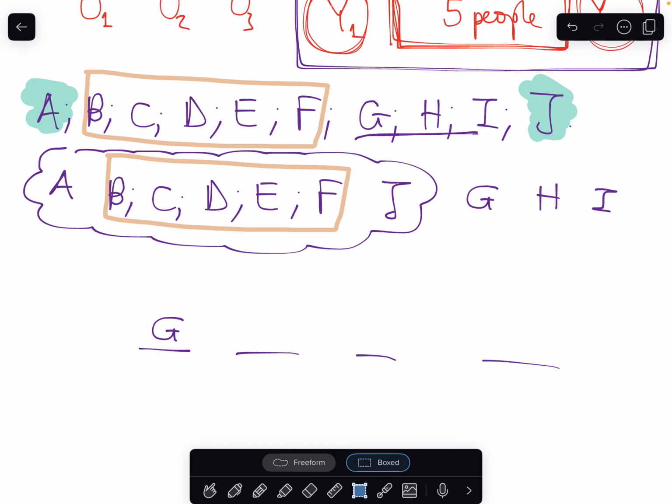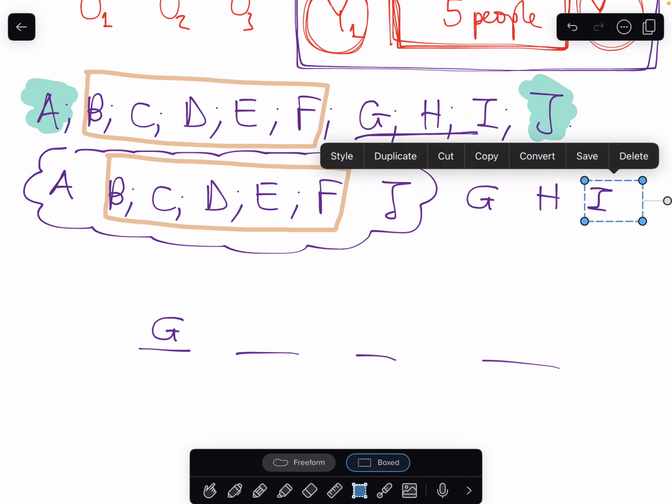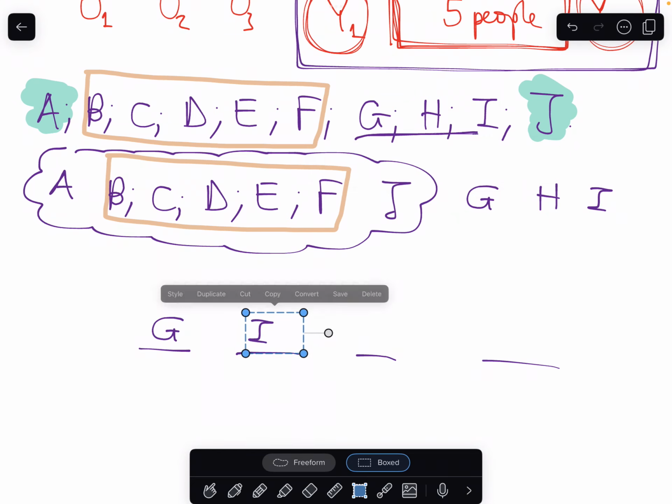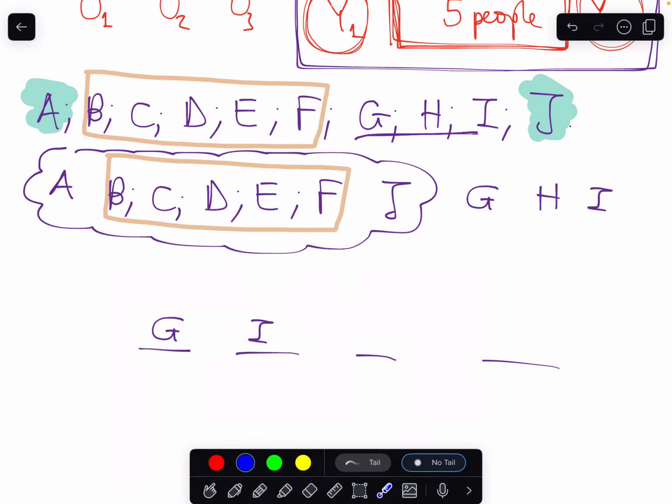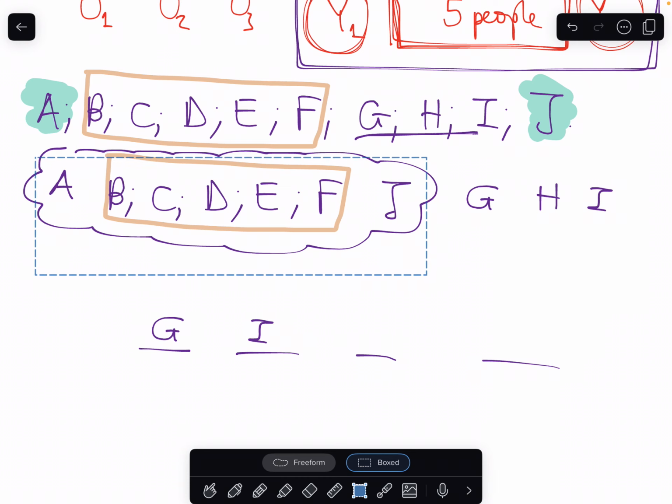So let's just say we have I. Okay, and then in the third slot we'll have either H or this group. So let's just say we have the group. I need to stop avoiding the group.